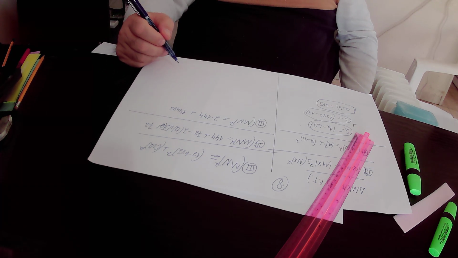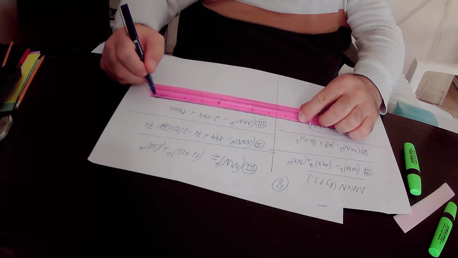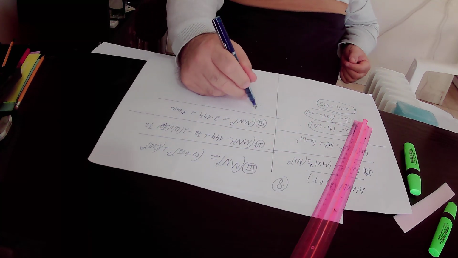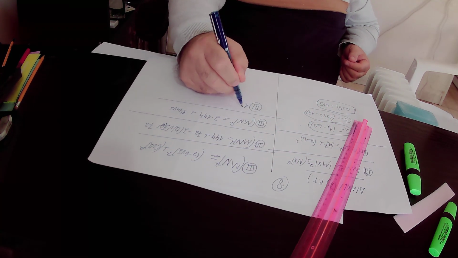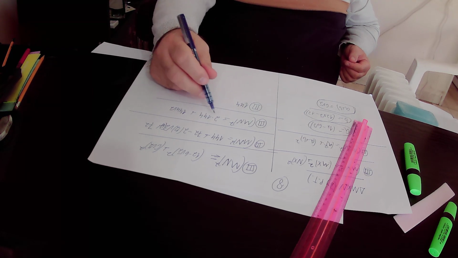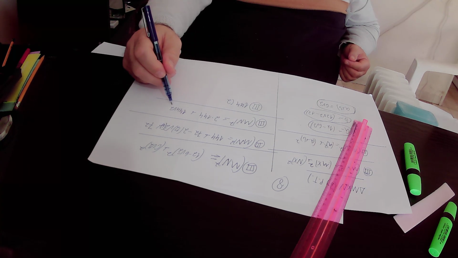So here we will take 144 as a common factor. Inside the brackets, what is left from this expression is 2. What is left from this expression after we took 144 as a common factor?